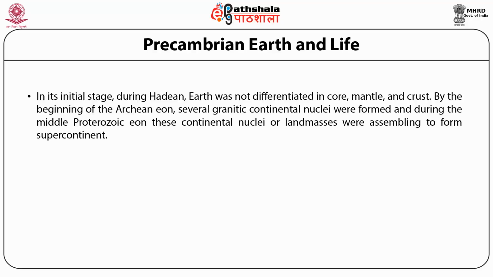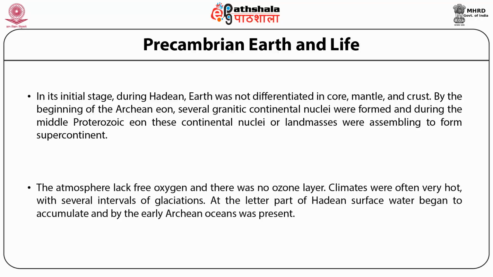The overall environment was uninhabitable because the atmosphere lacked free oxygen and there was no ozone layer. Thus, the ultraviolet radiation was intense. Climate was often very hot, with several intervals of glaciation.